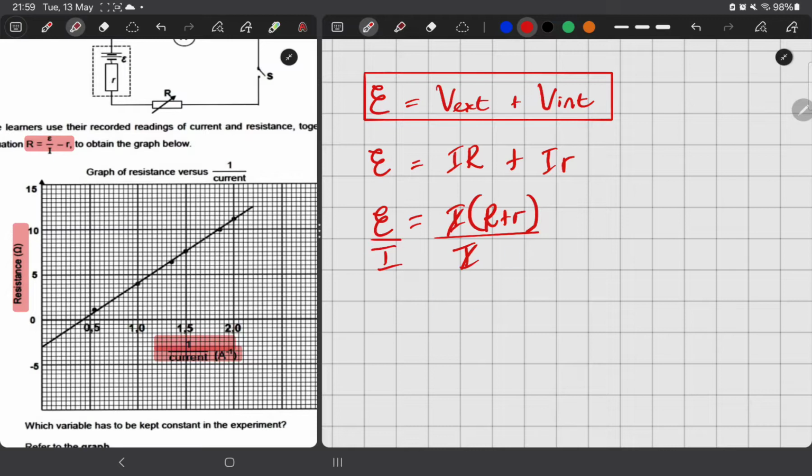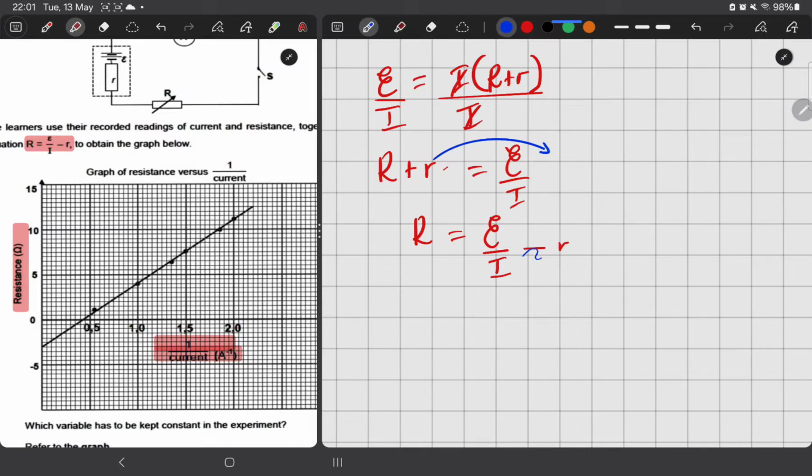Now this leaves me with R plus small letter r is equal to the EMF over the current. Now making the external resistance the subject of the formula, that means I just have to take the r to the other side of the equation, and then I'll have the external resistance as my subject of the formula.